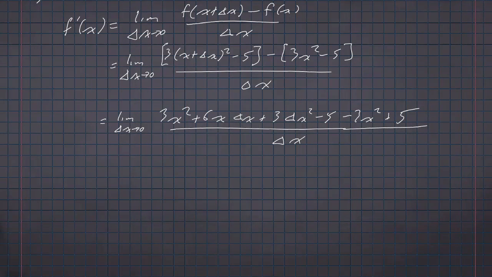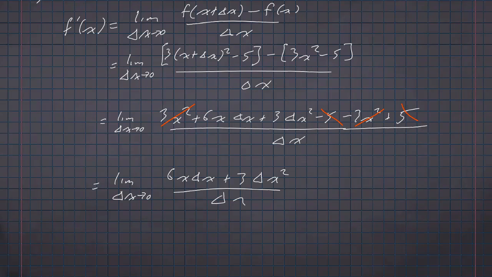Combine some like terms. We have a 3x squared and a minus 3x squared. Those things are going to cancel each other out. We have a minus 5 and a plus 5. Those things are going to cancel each other out. So what we end up with here is the limit as delta x goes to 0 of 6x delta x plus 3, not x, delta x squared, all over delta x.